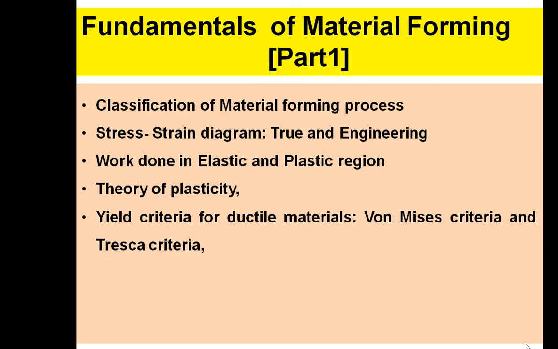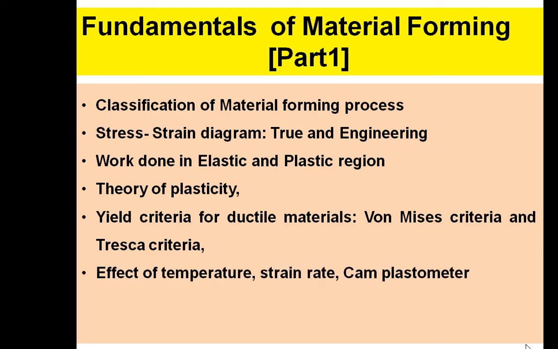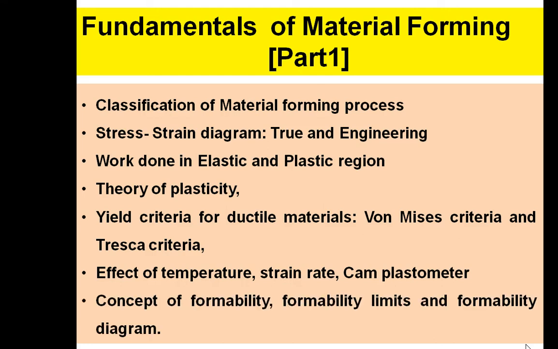There are two criteria generally used for the analysis: von Mises criteria and the Tresca criteria. Effect of temperature and strain rate on the deformation and concept of the formability with formability diagram.